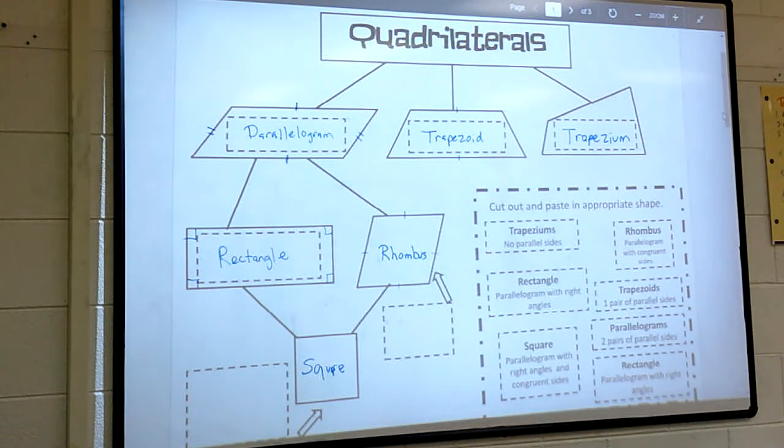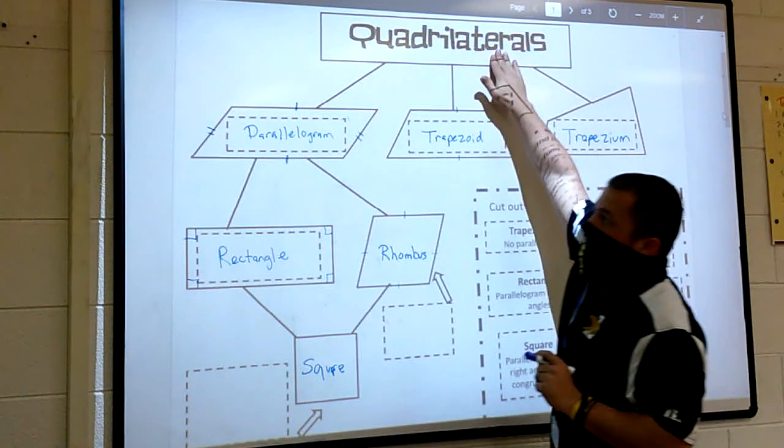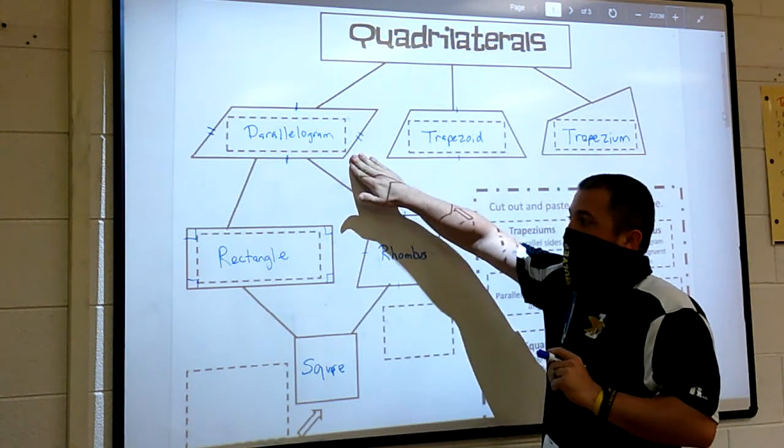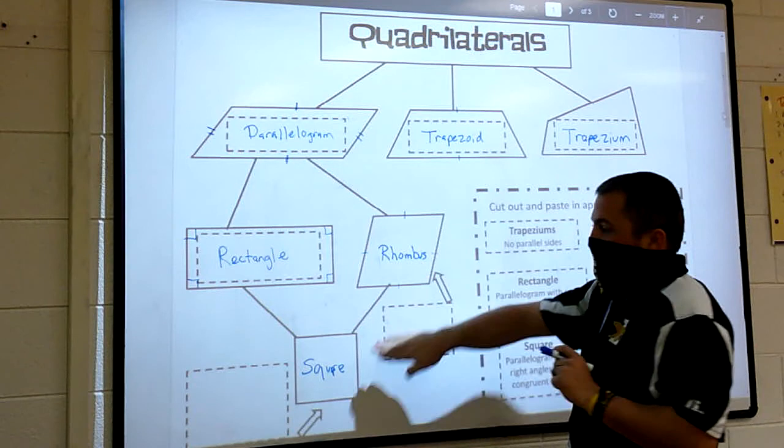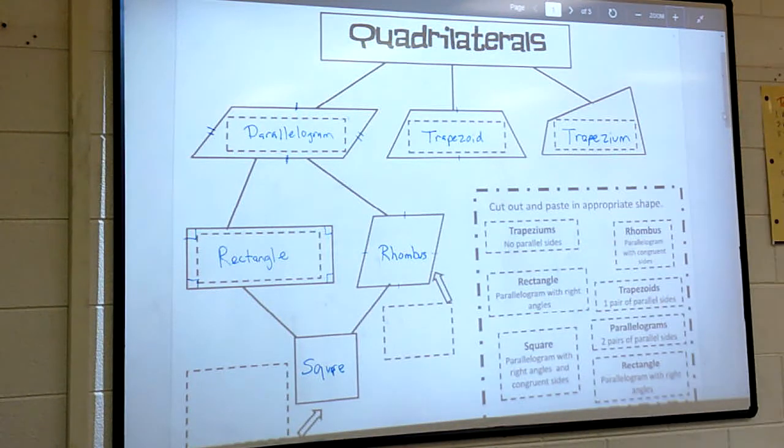So what you see here is, in quadrilaterals, you have a parallelogram. A rectangle, rhombus, and square are all examples of parallelograms. So if I ask you what a square is: a rectangle, a parallelogram, and a quadrilateral. It's all of those things. So you can follow the chart as it goes all the way down.